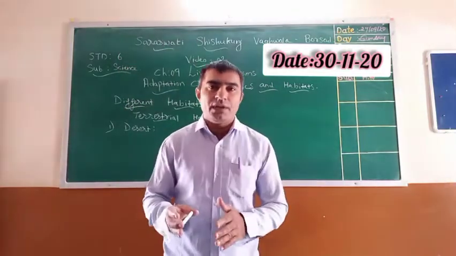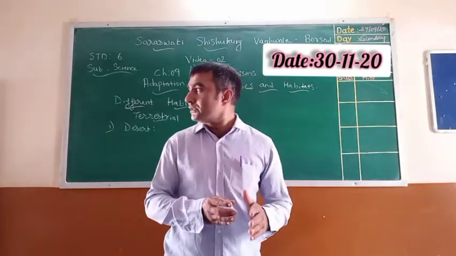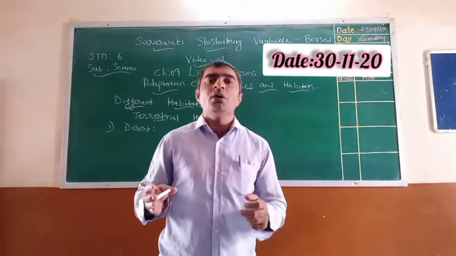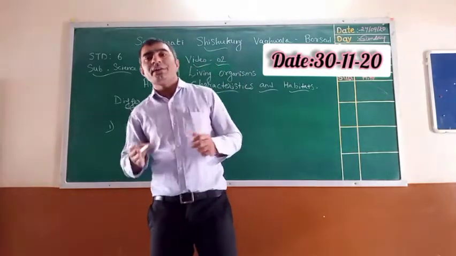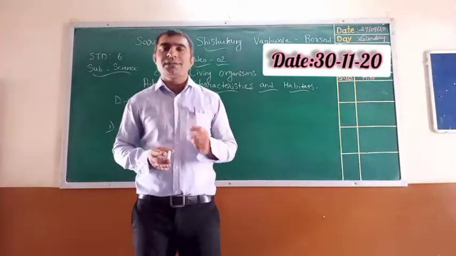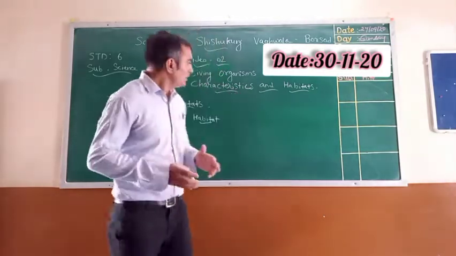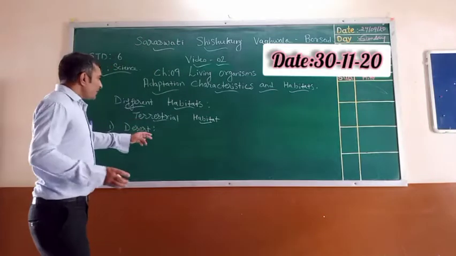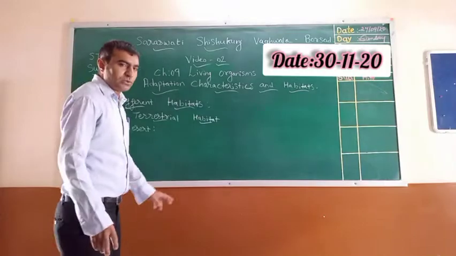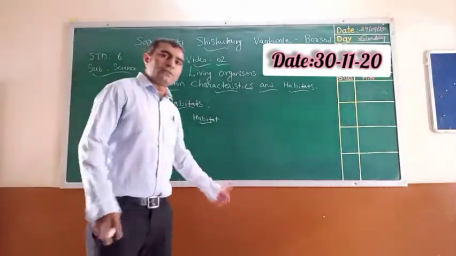In the same way, we have seen different places and different habitats. So how do the organisms survive in that place, in that condition? For that we will see different habitats. We have seen there are mainly two types of habitat: terrestrial and aquatic. First we will see terrestrial habitat, and in it first the desert.